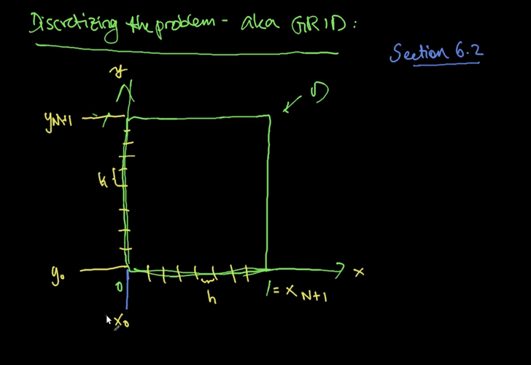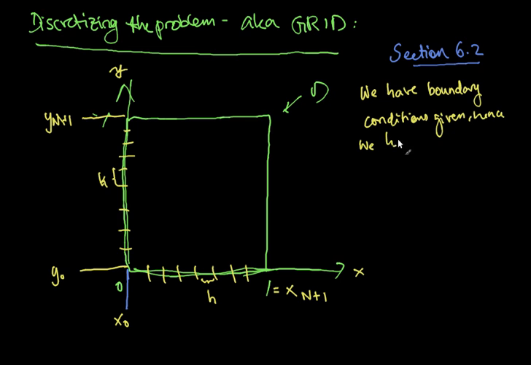Now, what do we know? So we have boundary conditions given. Hence, we know the values of u in these points here, and in these points, and in these points, because the exercise tells us that u is equal to 0 along these points.